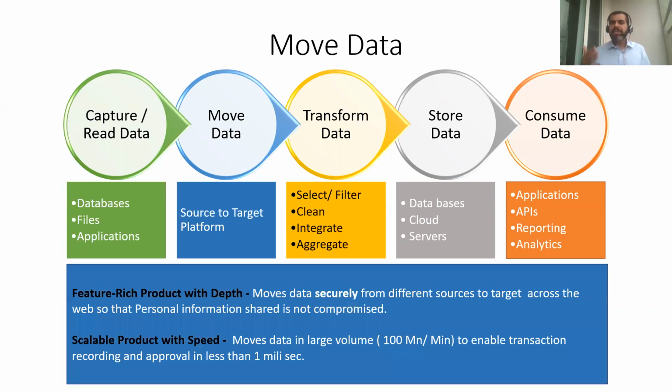Similarly, I go through each of these steps, each of these phases of your process, and define a product statement, give you an exemplary product statement which you can use, or you can look at your benefits and features and customize it for your need. So if it is a source to target platform, it just moves data, right? It moves data securely. So security is the key.